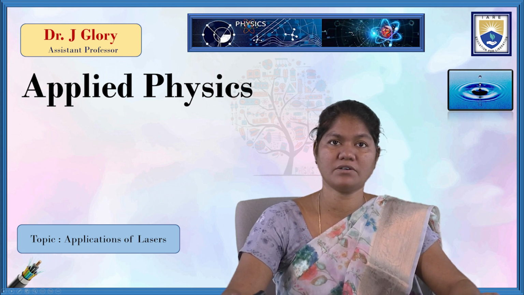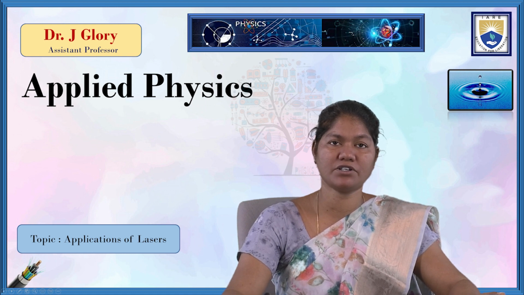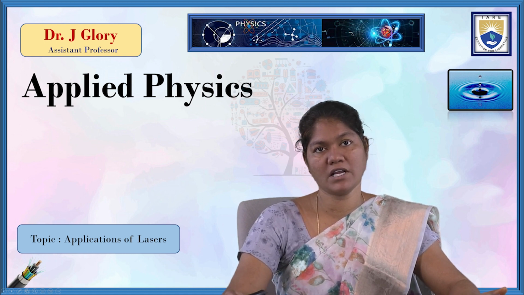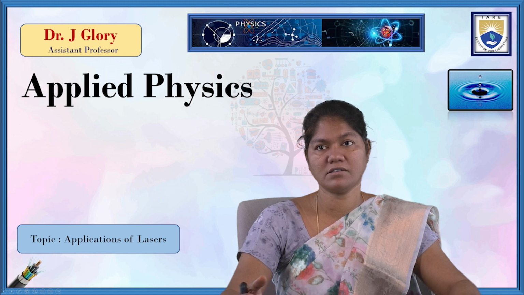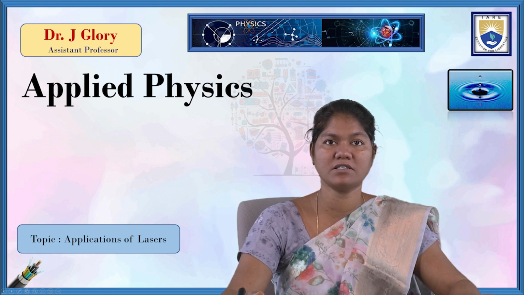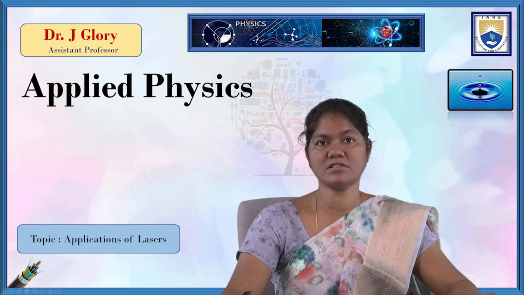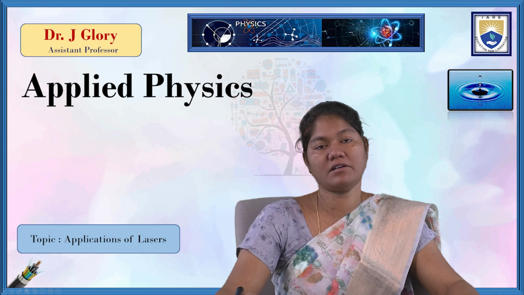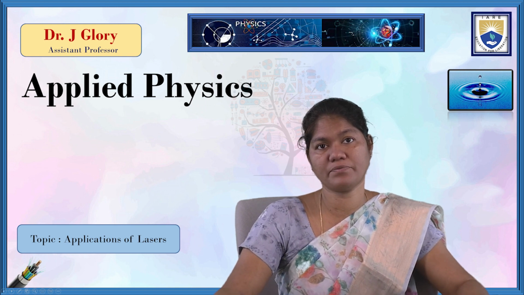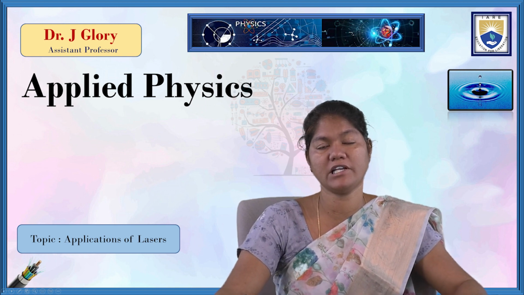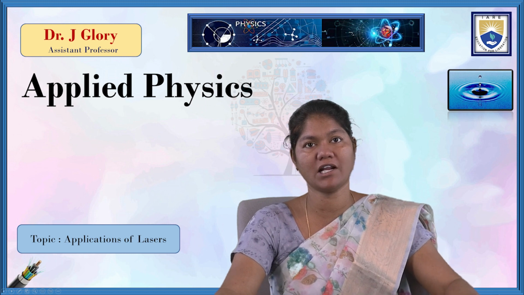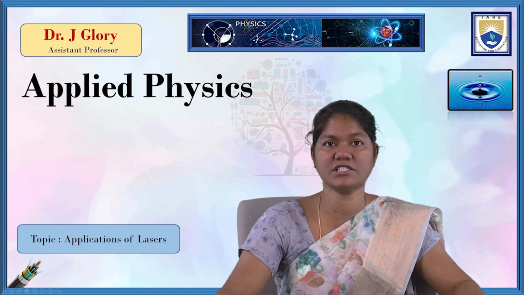So the helium atoms get de-excited and come to the lower energy state, while the neon atoms, by receiving this energy from the helium atoms, are in the excited state.